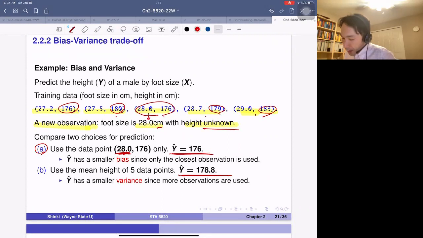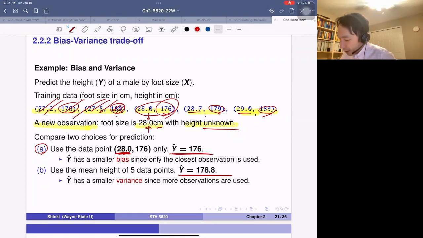Suppose, in a more extreme case, we don't have some of these observations, and we see only these 3 people. If we use this one as the estimate, it probably has a smaller bias. If we use these 2 people, they have larger foot sizes, so they may be taller than the new observation, and we may get some bias.